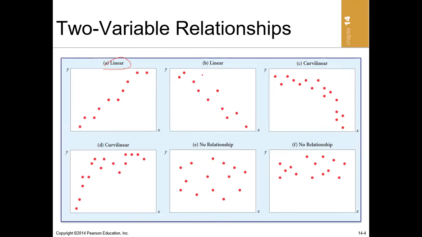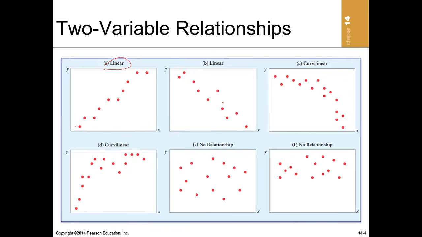Plane B is a linear negative relationship because it slopes downwards from left to right.